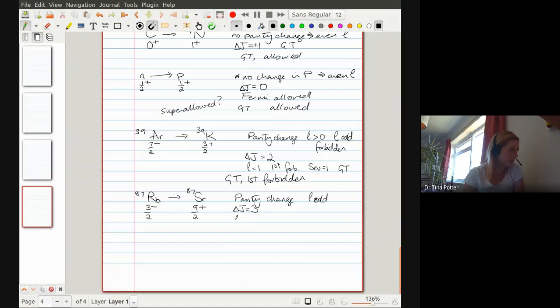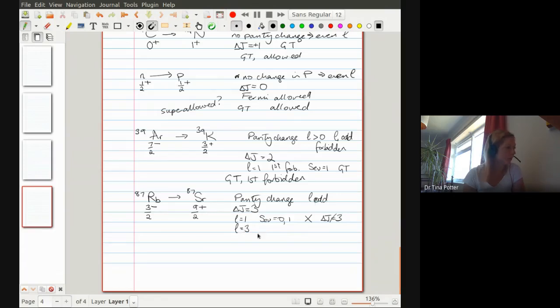Let's start off with the first forbidden, and L equals 1. Now, even if we had Fermi or Gamow-Teller here, of 0 or 1, that's not going to work. That's not going to give us a delta J of 3. At no point do they add up to 3. Let's try the next odd forbidden, and L equals 3, because we know it's got to be odd, because there's a parity change.